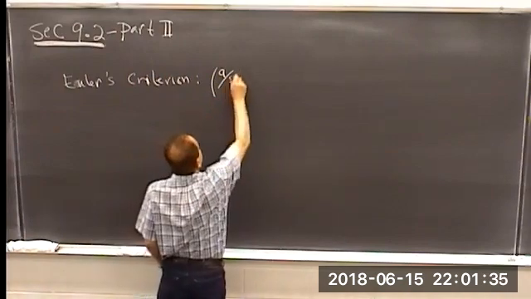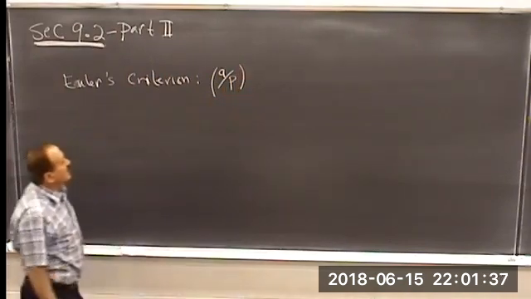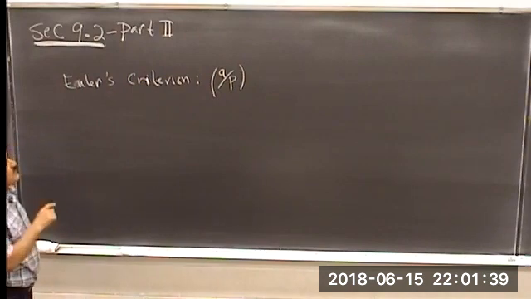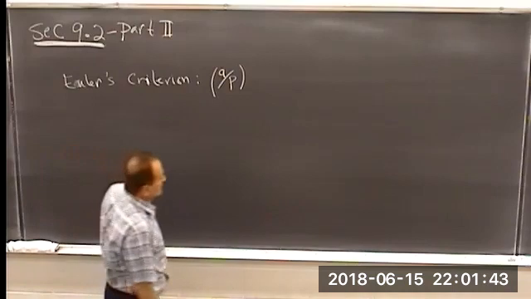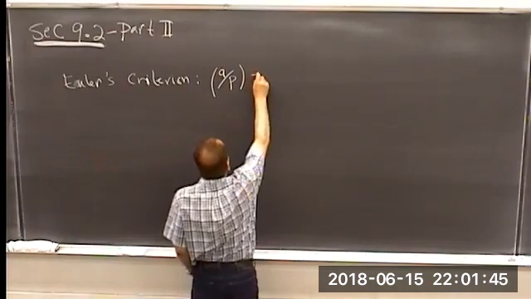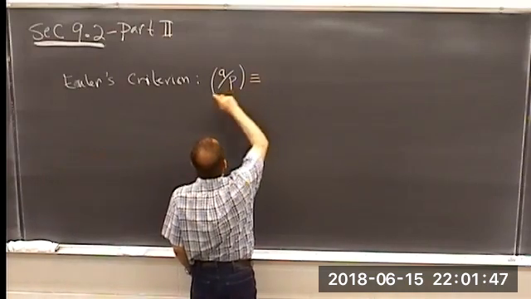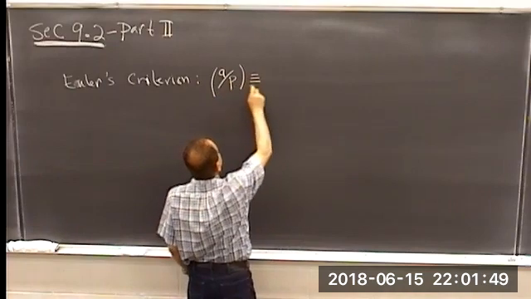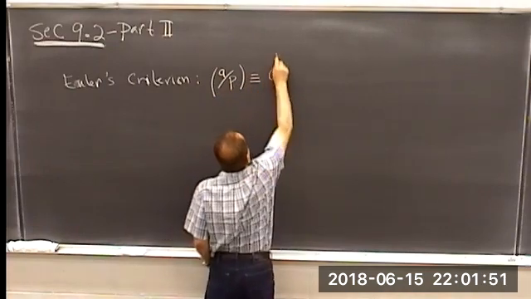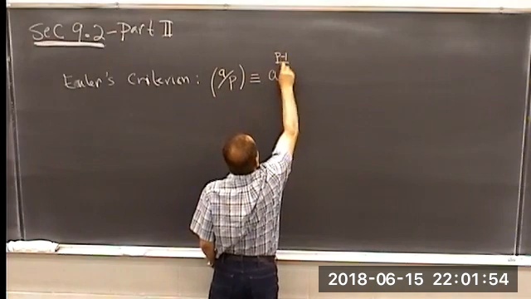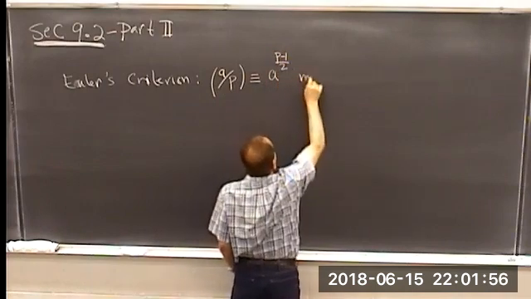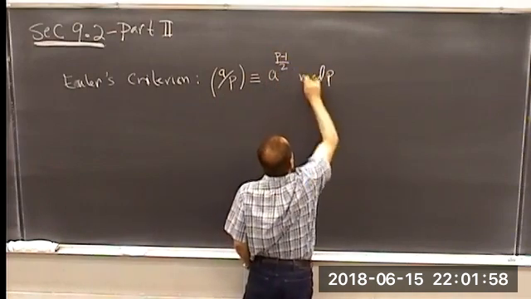If this is equal to 1, then we know that A is a quadratic residue. If this is equal to -1, then A is a quadratic non-residue of P. So Euler's criterion tells us that this is congruent to A to the power (P minus 1) over 2 mod P.